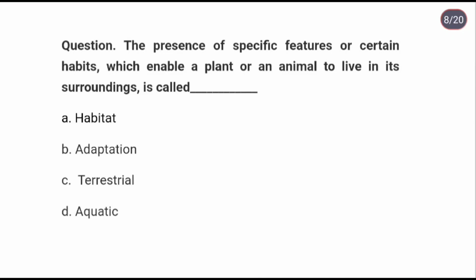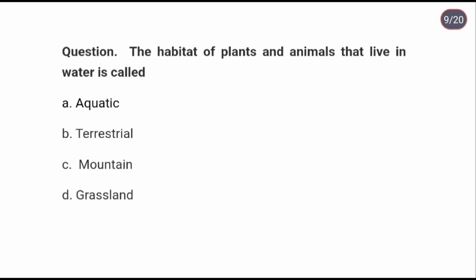The presence of specific features or certain habits which enable a plant or an animal to live in its surroundings is called habitat. The habitat of plants and animals that live in water is called aquatic.